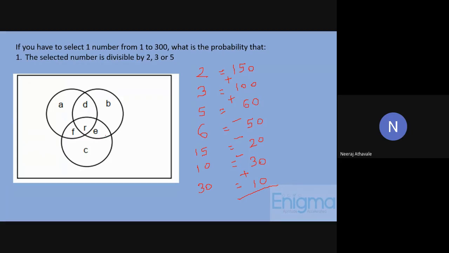That would be the answer. Correct, Yash. Plus 10 should be done. Perfect. So the last part would be plus 10. Okay, so this is the other method. This is the set theory concept.